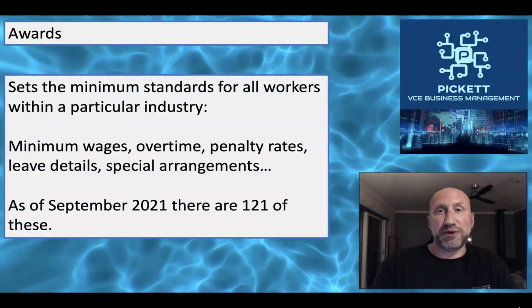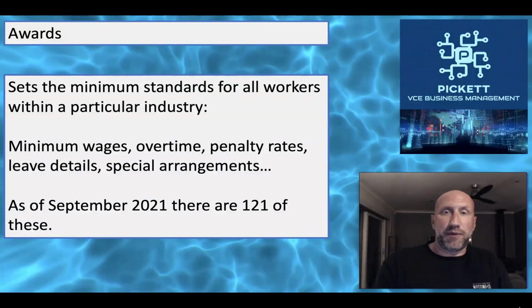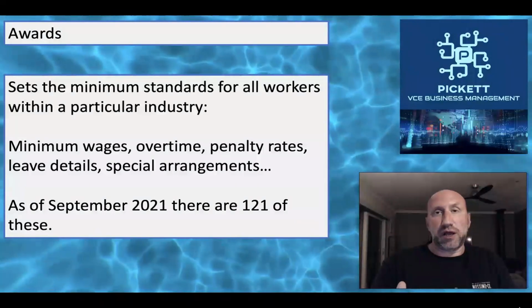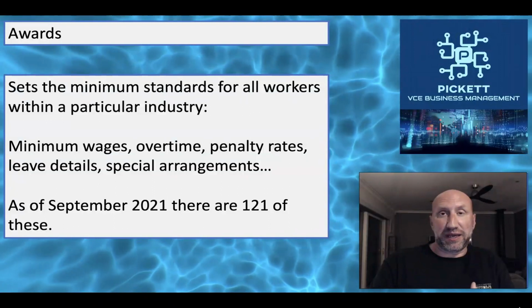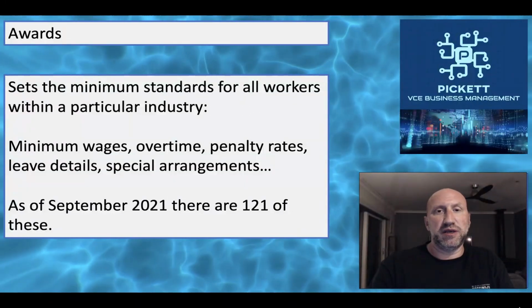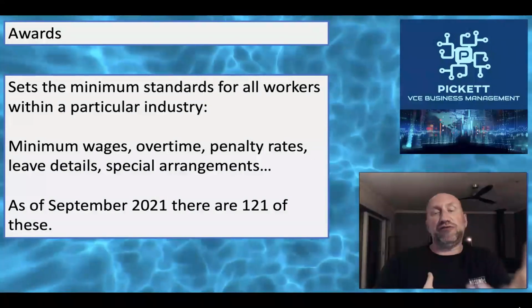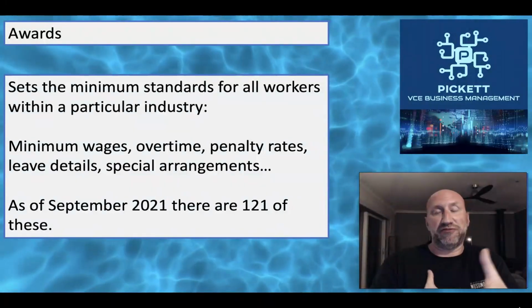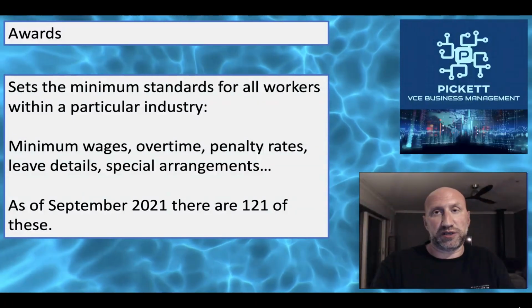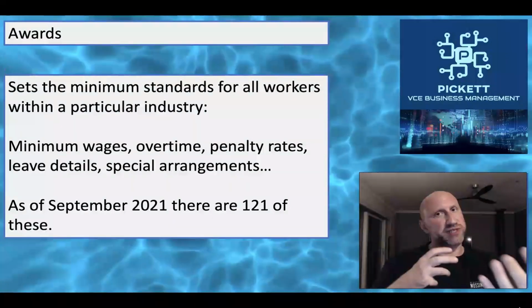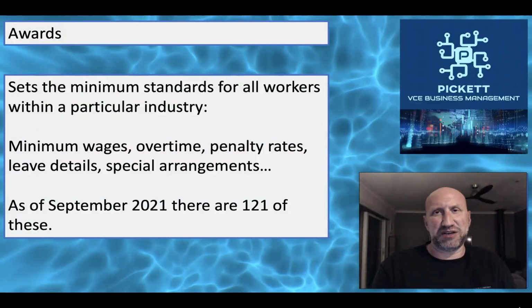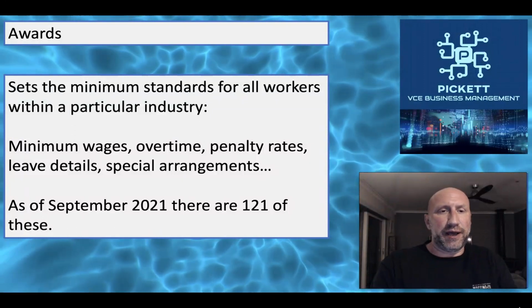So a national agreement, an award, which dictates the paying conditions of all fast food workers in Australia, unless the business they worked in had their own agreement. So McDonald's workers came off an agreement for McDonald's and went onto the national award for fast food workers. It was an unusual move. Normally it goes the other way. Like I say, it was to do with some legality around penalty rates.